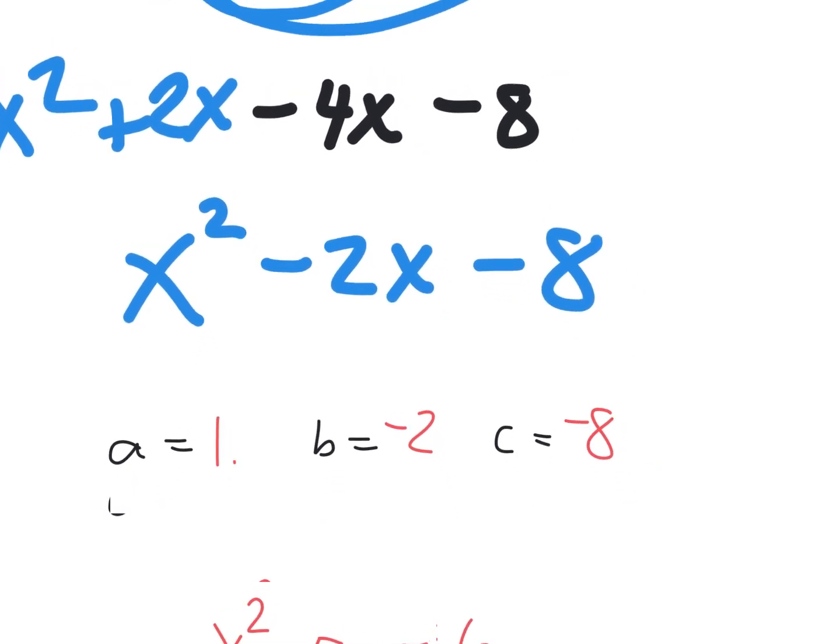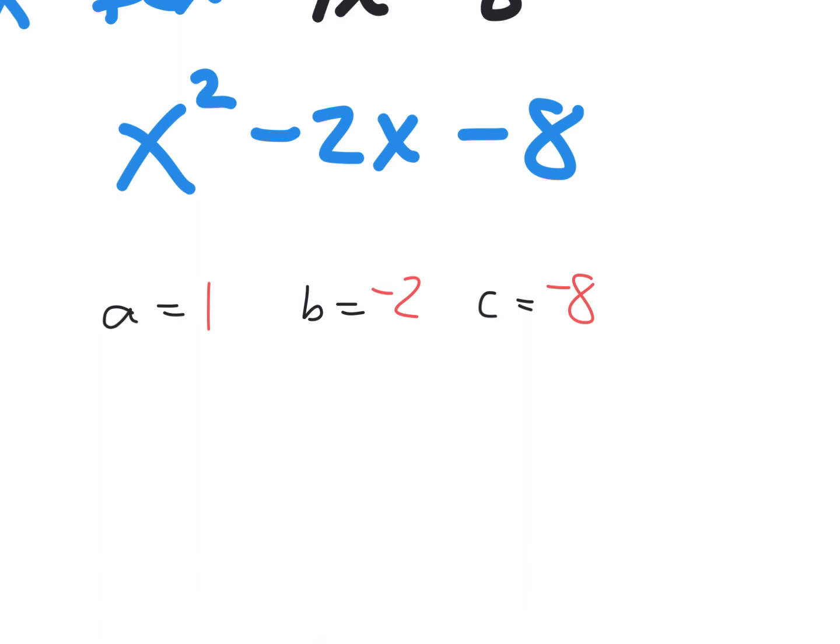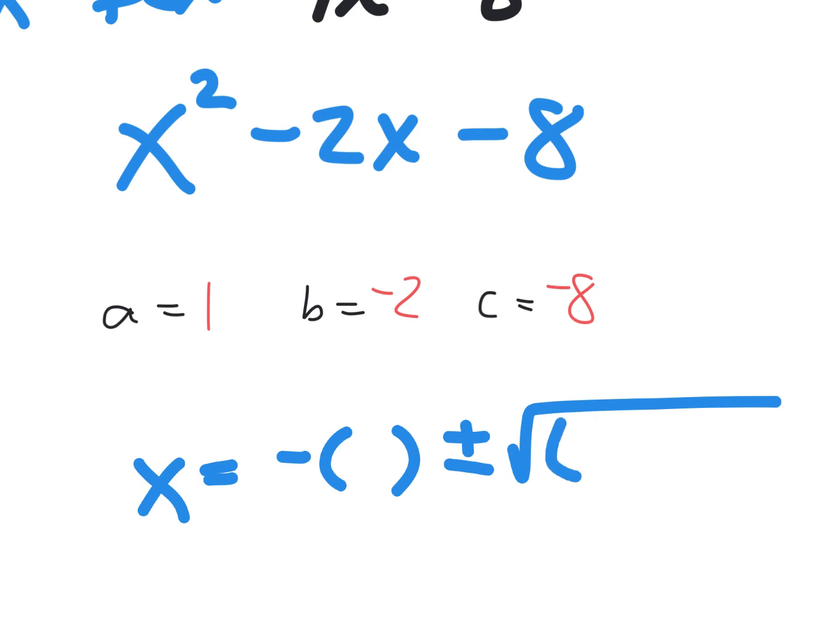So personally, I would write the quadratic formula out, but I'm so good at it because I've done it for so long that I would write x equals negative, and I'd put a parenthesis because I know I'm going to put the b in there because I have it memorized. Negative b plus or minus the square root of b squared. Notice I didn't put a b. I just put a parenthesis.